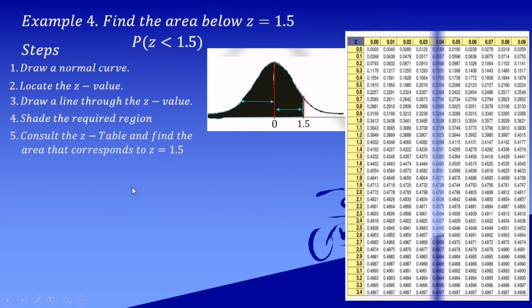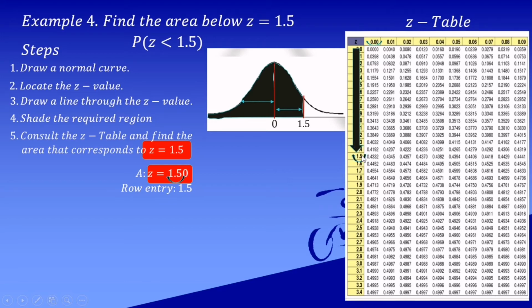To find the area of z equal to 1.5, the first two digits are our row entry, 1.5. Then our column entry is our last digit, 0. Then get the intersection between the row and column. Then z equal to 1.50 corresponds to 0.4332.